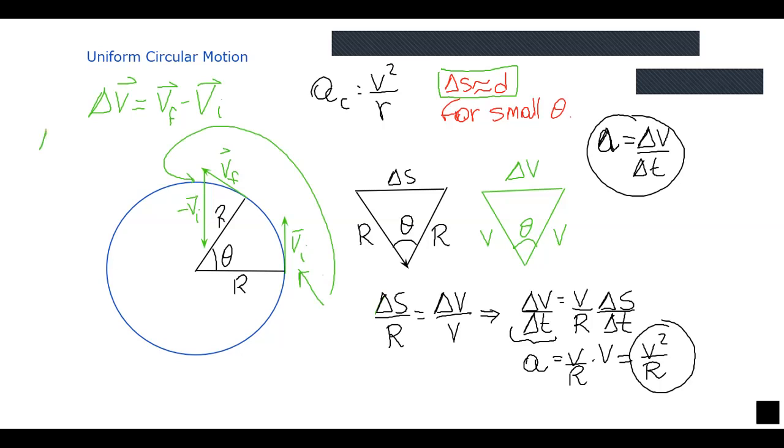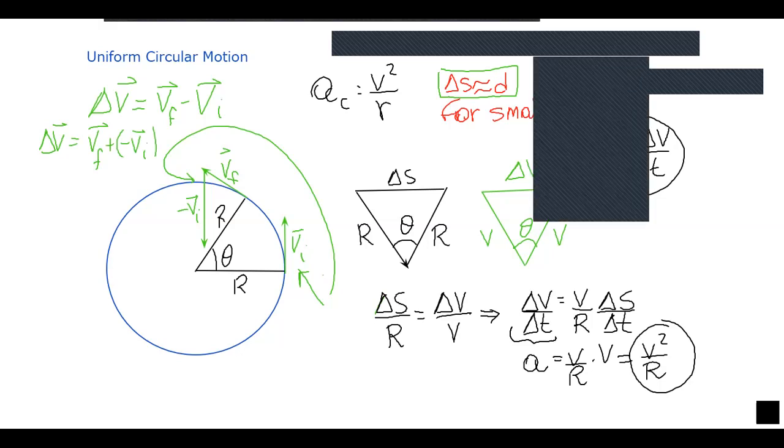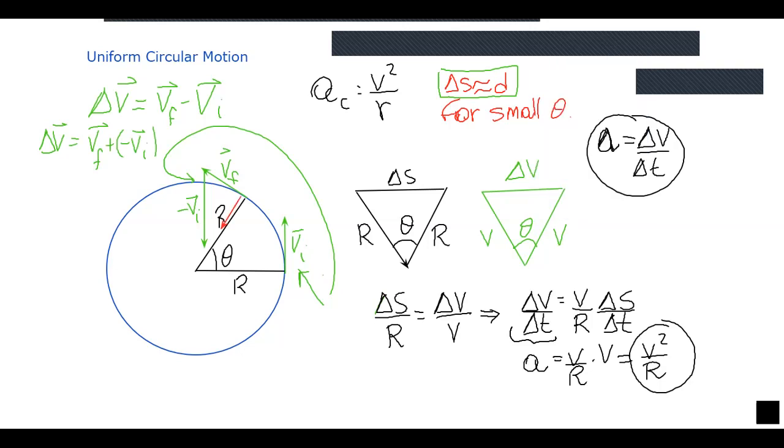So essentially, subtracting two vectors is the same as adding the first with the negative of the second. Okay? Geometrically, that's what it means. Now, delta V, which is the change of the two, is the vector that points from the tail of the first vector to the tip of the second vector. So in our case here, it is this vector here. That vector there is my delta V.